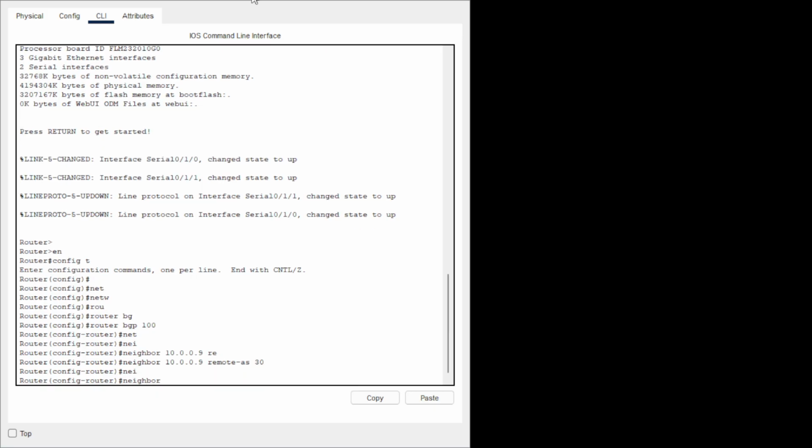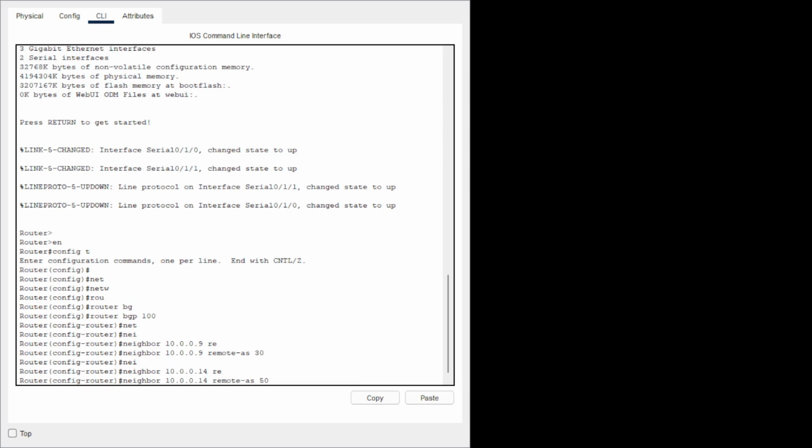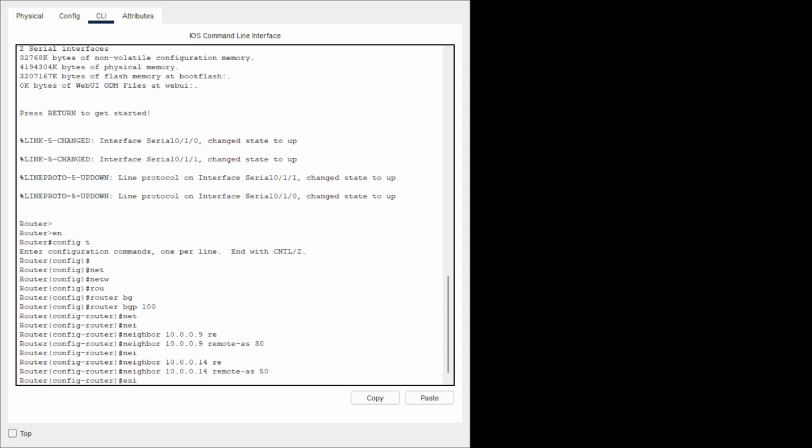Similarly, another neighbor is directed at network number 2, 10.0.0.14, remote ASN number 50.